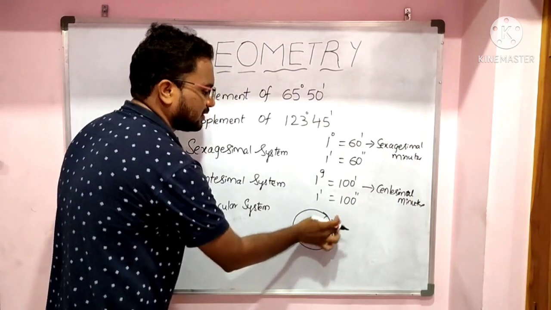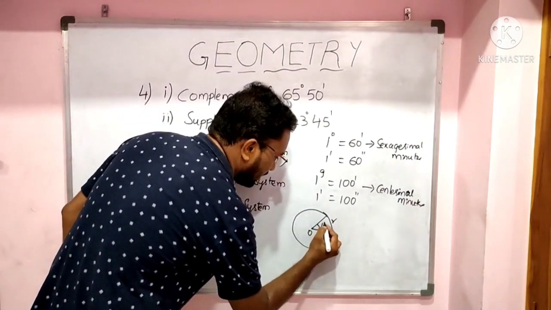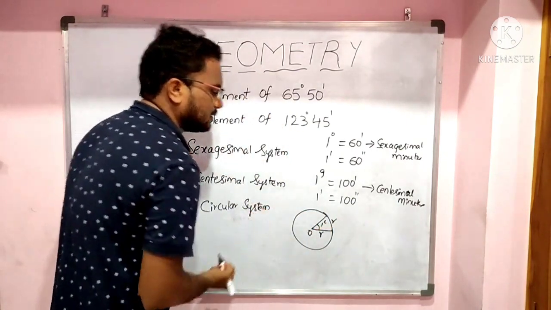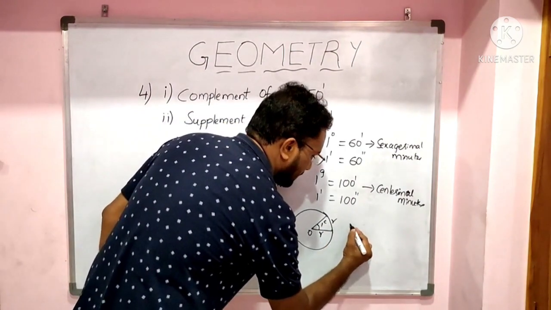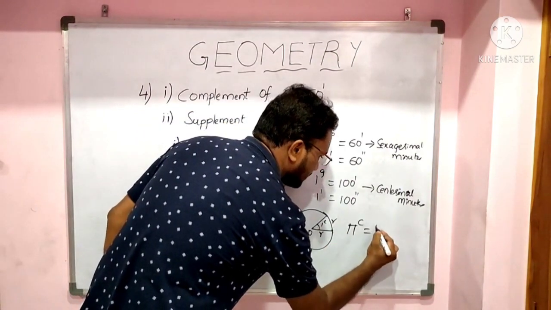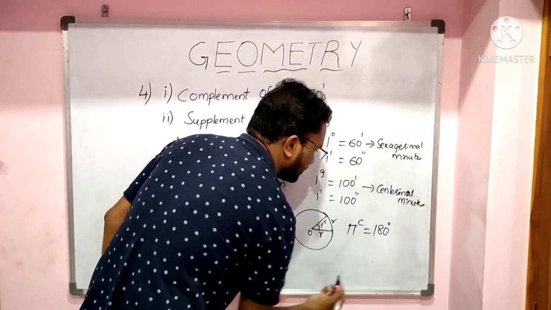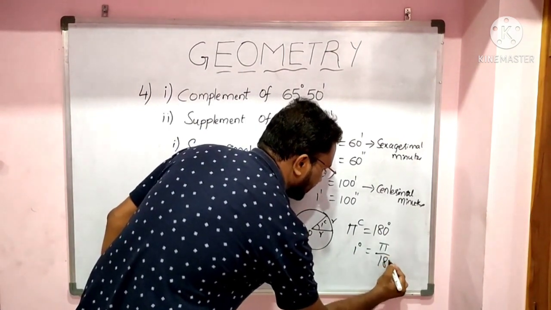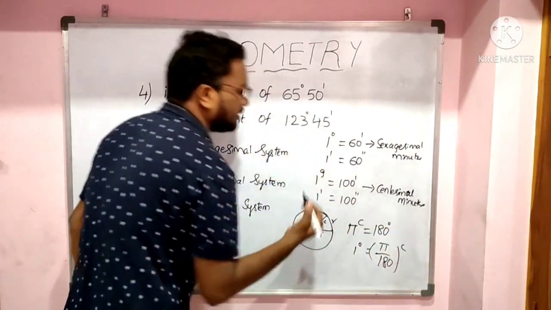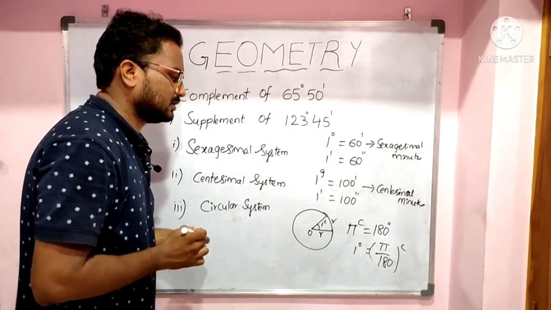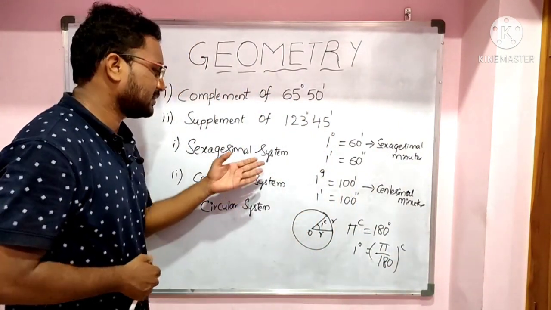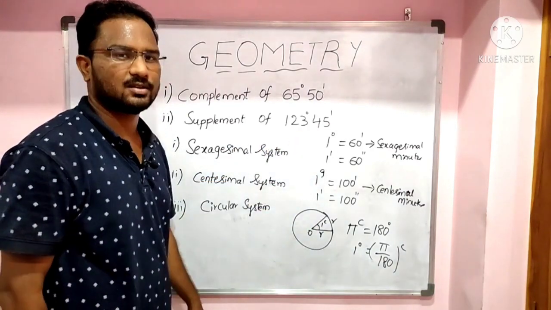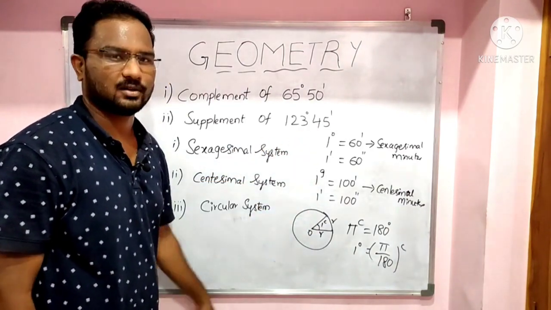So in the circular system, pi radians is equal to 180 degrees. So 1 degree is equal to pi by 180 radians. These are the measurements of some systems. How can we get these values? We will discuss in detail in the trigonometry chapter.